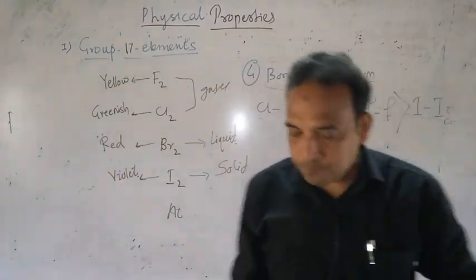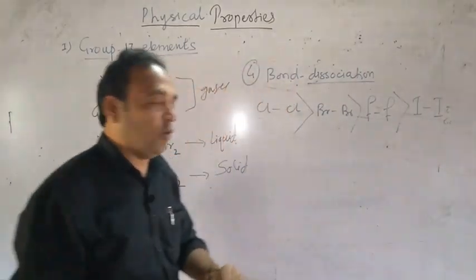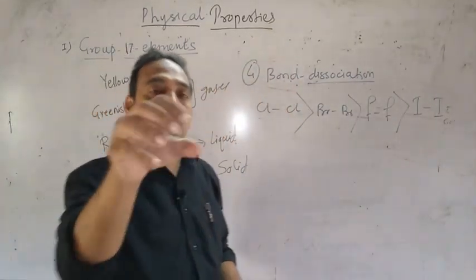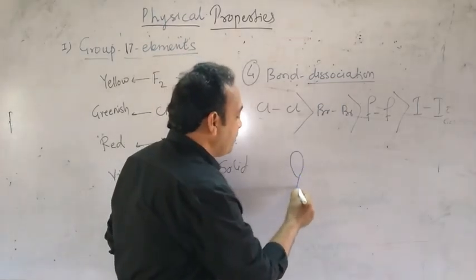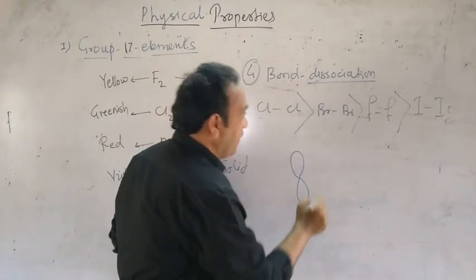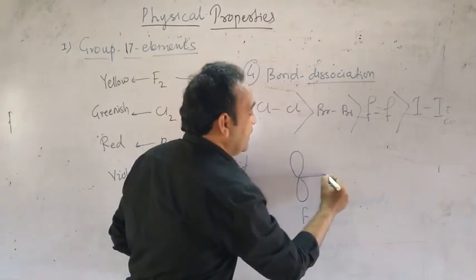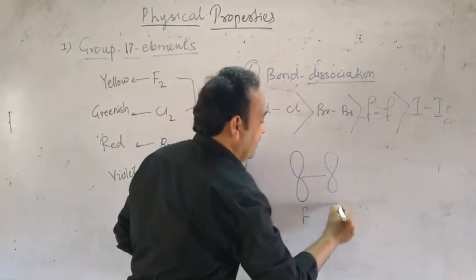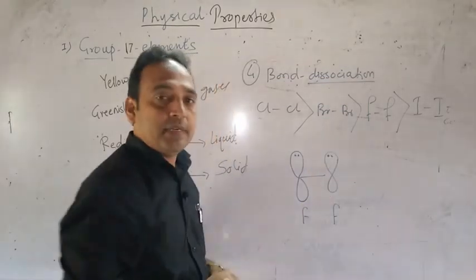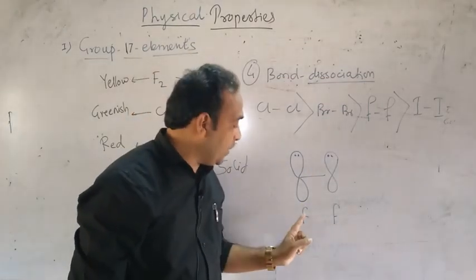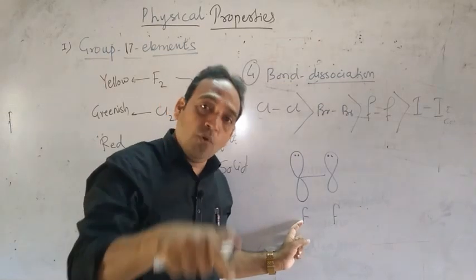Now the second factor for why the bond dissociation energy of fluorine is less than chlorine. In case of fluorine, see, this is the first F and this one is the second F. Here lone pairs of electrons are present, on each fluorine atom.